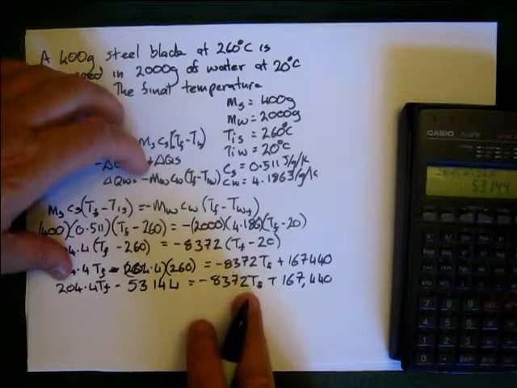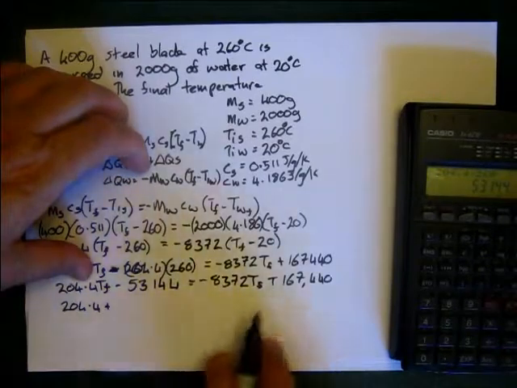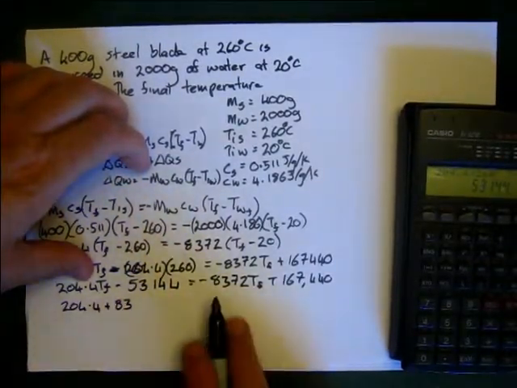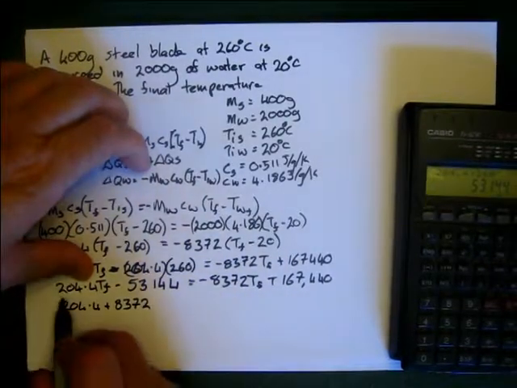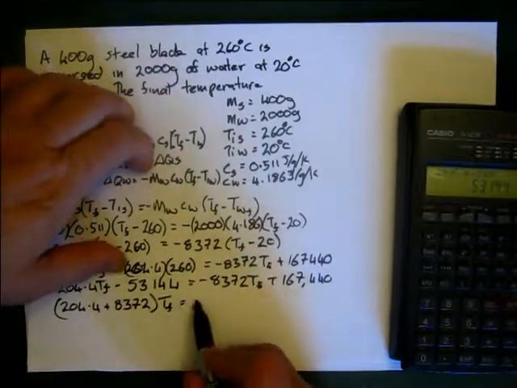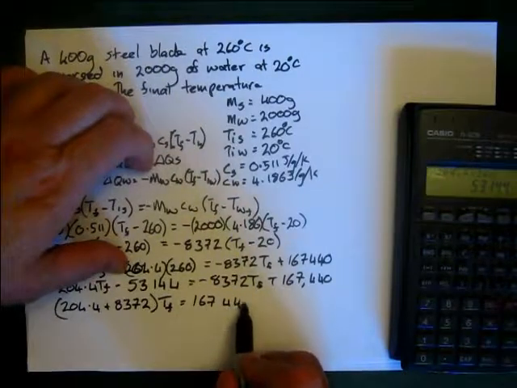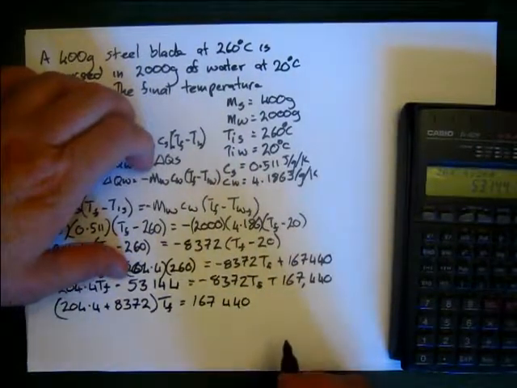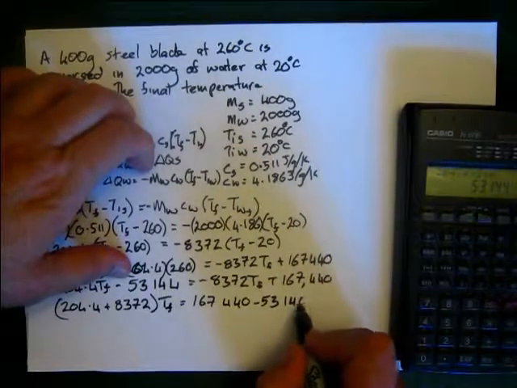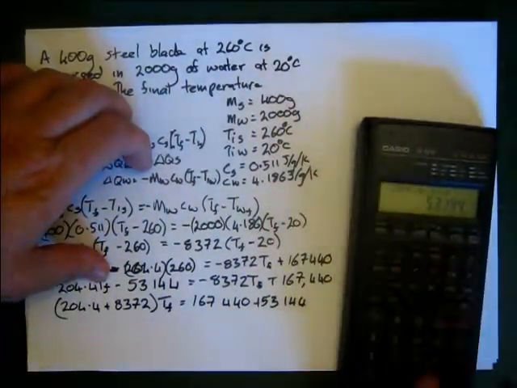So I'm going to add this to that side, so 204.4 plus 8372 TF on that side equals 167,440 plus 53,144, we add that to both sides, my apologies.